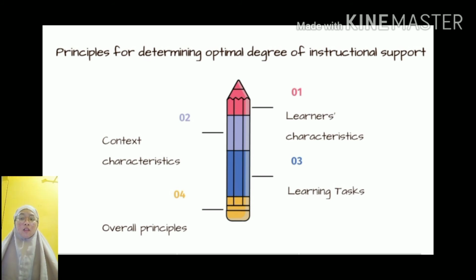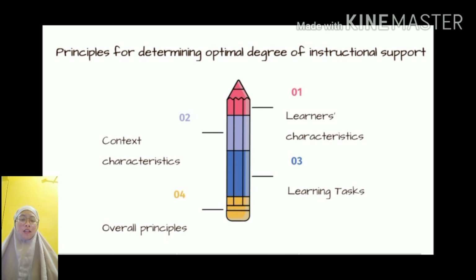And then, all being equal, instruction for learners who have a large and sophisticated repertoire of cognitive strategies can be more generative. Instruction for learners with generally high aptitude can be more generative. Instruction for learners who have a high level of motivation and interest can be more generative.